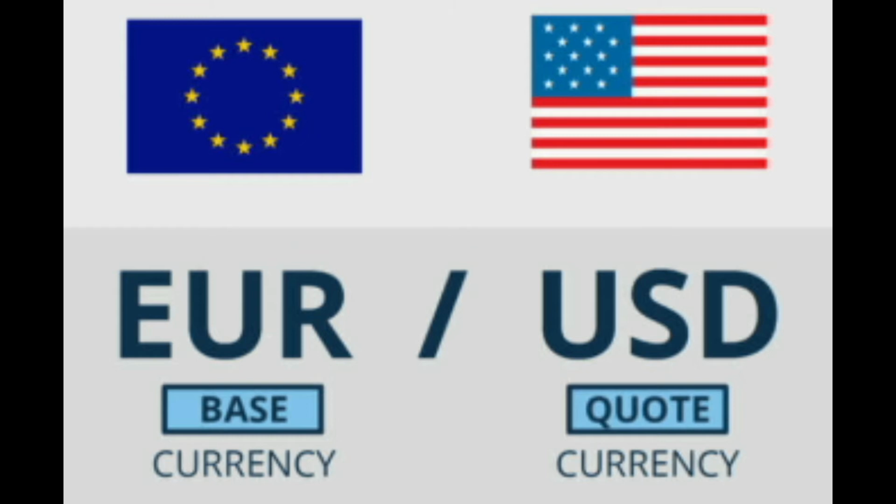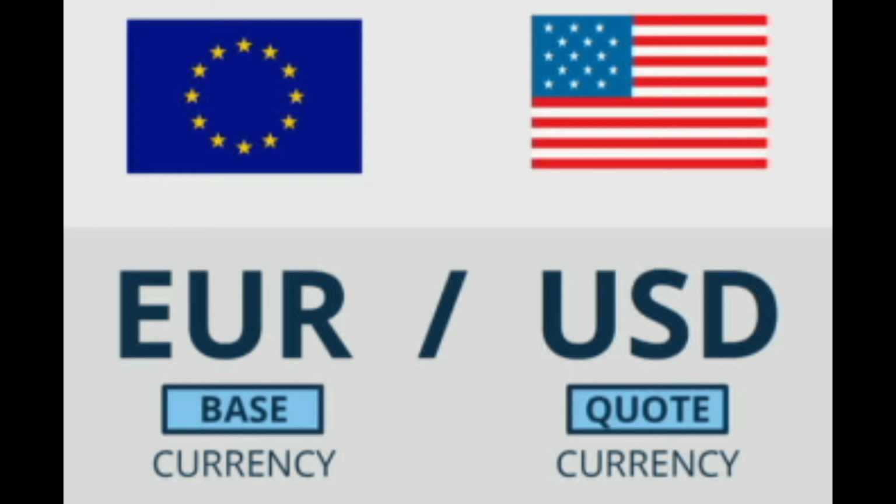The base leads the currency pair, meaning if, for example, Euro USD, if the Euro's currency is weaker than the USD currency at that moment, then Euro USD should be in a sell or going down.